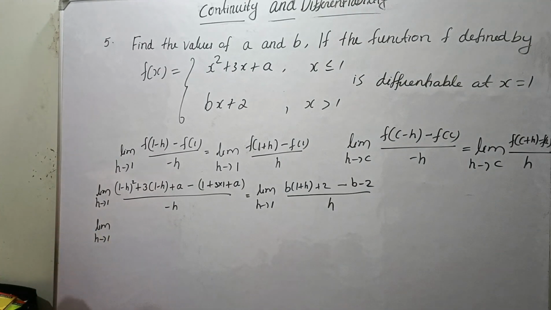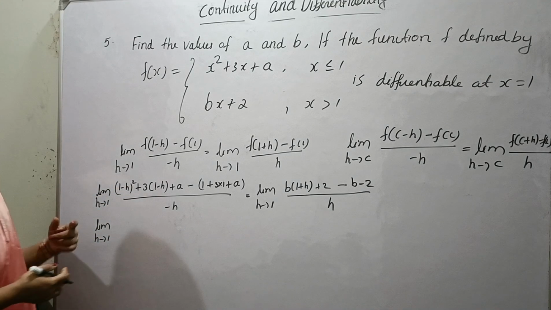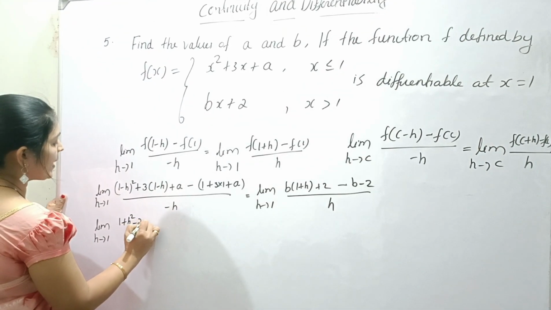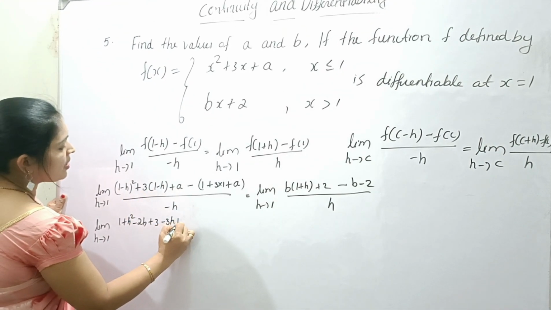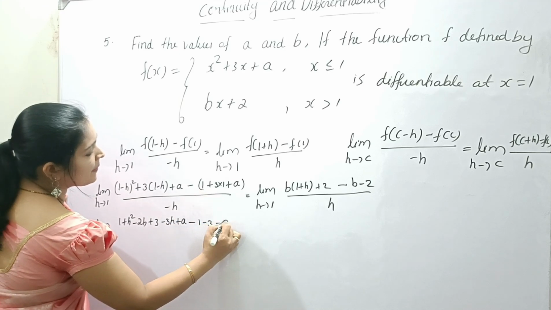Here 1 minus h whole square is of the form a minus b whole square. 1 square plus h square minus 2h plus 3 minus 3h plus a minus 1 minus 3 minus a.